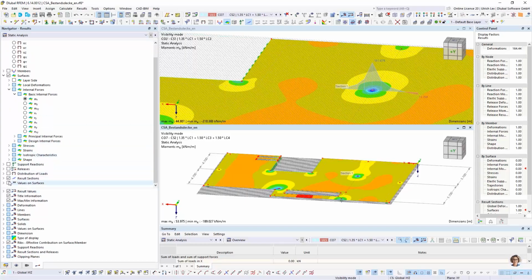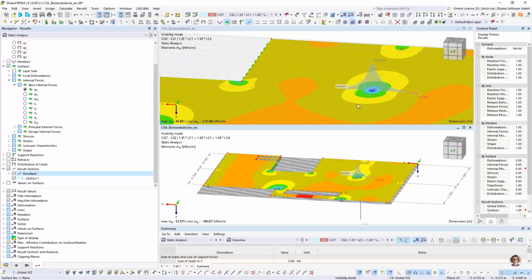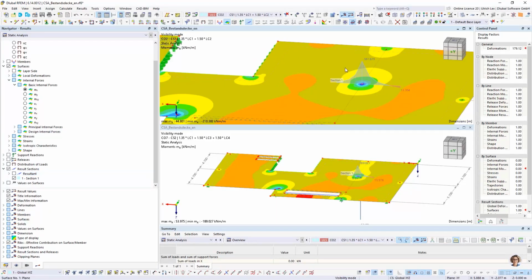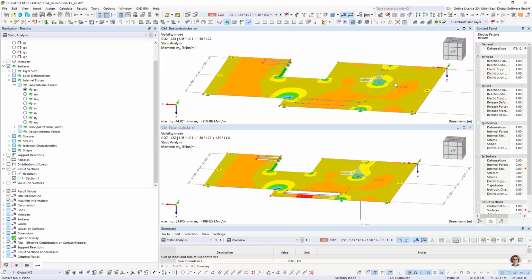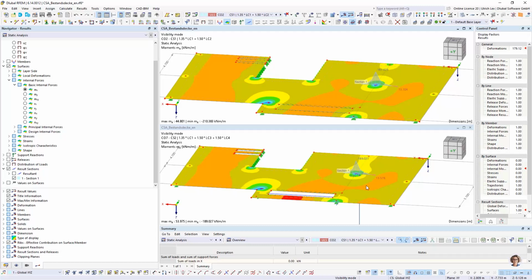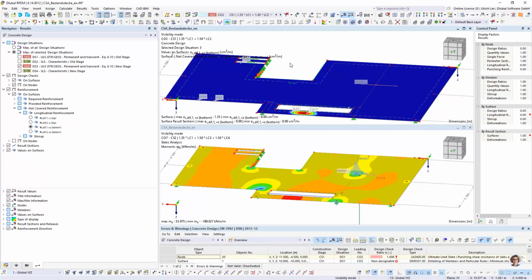Then we see here's the difference, the different values, for the different stages. These pictures or these results you can then easily print to the printout report, and in this way compare the different stages. It's more easy when you know the exact reinforcement.